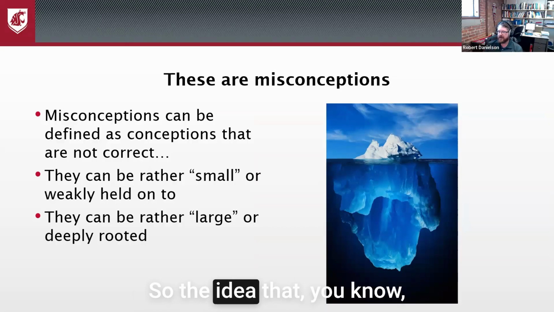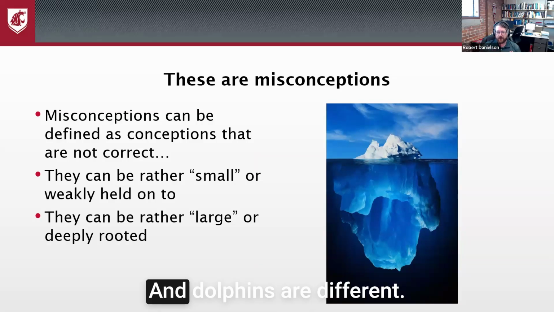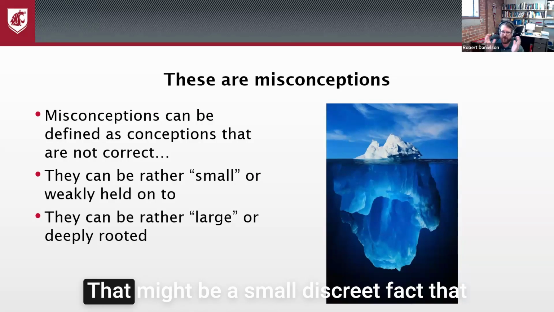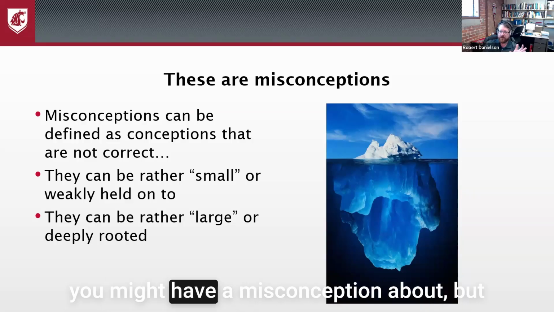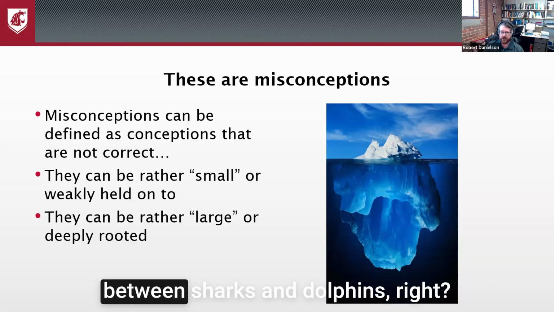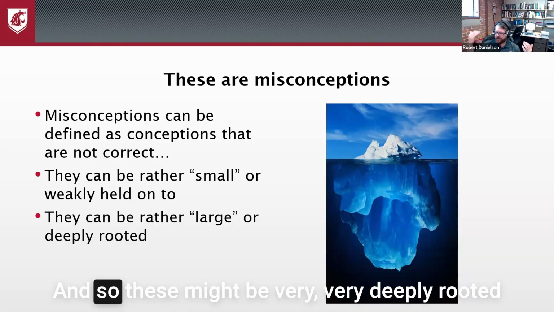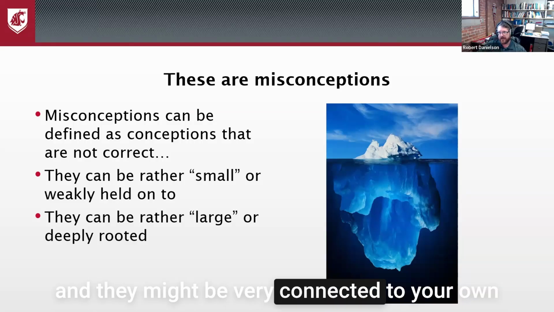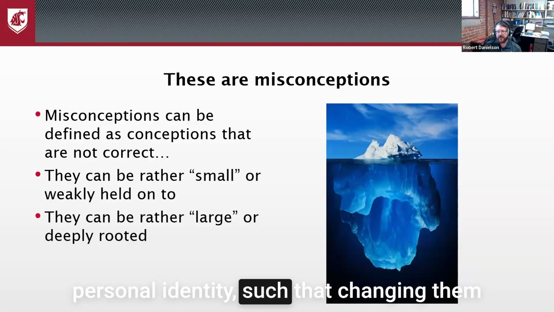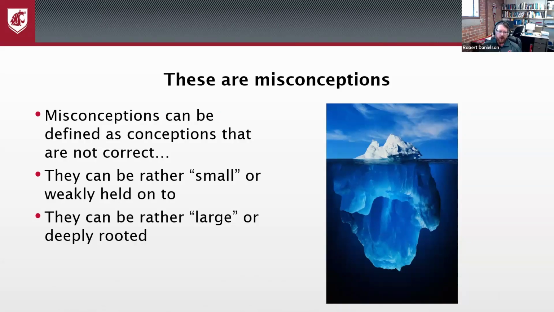So the idea that fin placement on sharks and dolphins is different, that might be a small discrete fact that you might have a misconception about. But that underlies a very significant difference between sharks and dolphins, right? One is a mammal, one is not. And so these might be very, very deeply rooted, and they might be very connected to your own personal identity, such that changing them might cause quite a bit of emotion, right? Or maybe not.